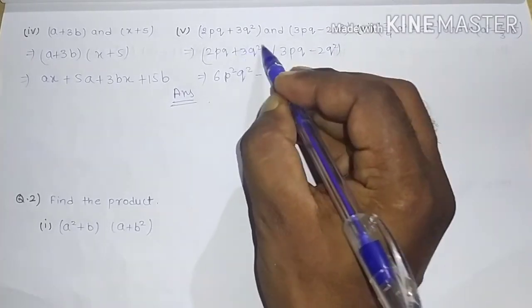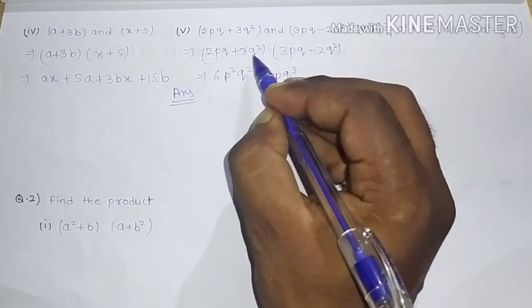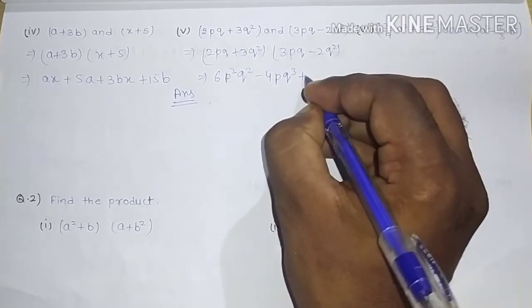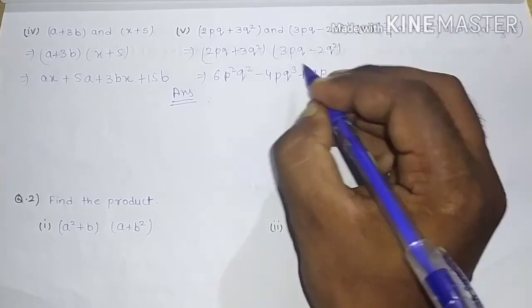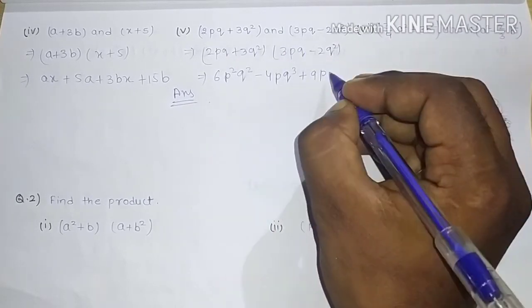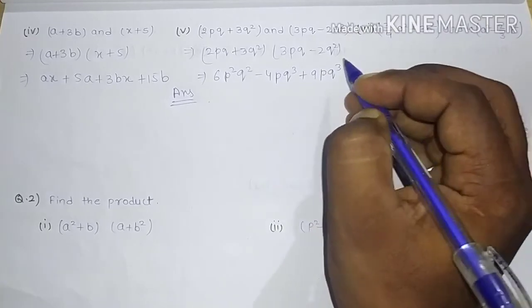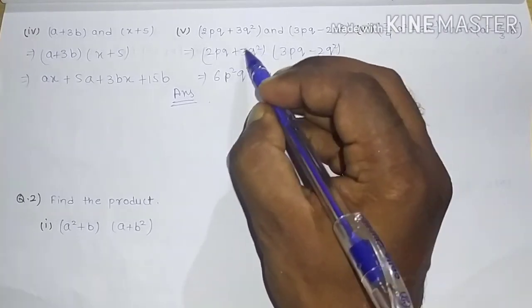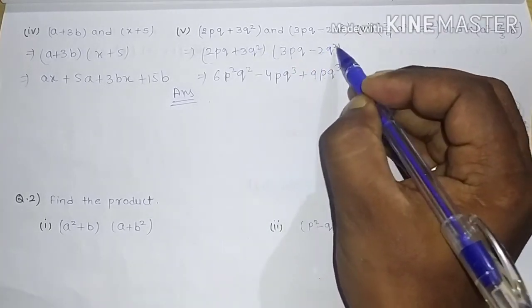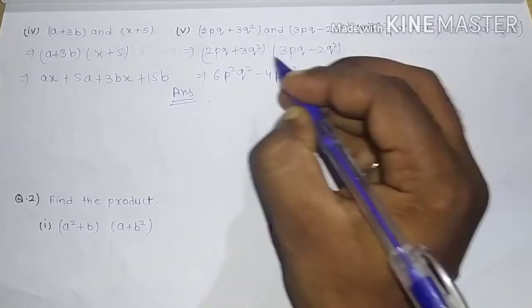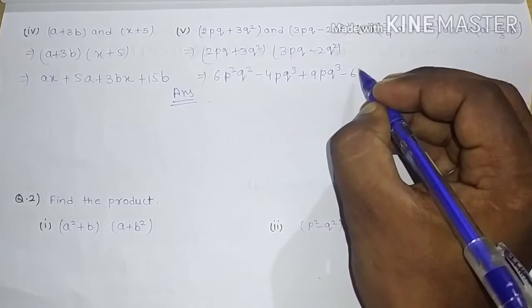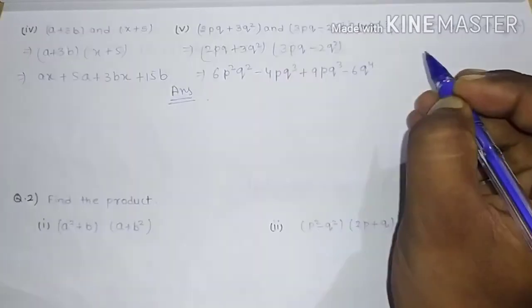Now 3q square is multiplied into 3pq: 3 3s are 9, q square into pq, so p and q square into q is q cube. Now 3q square is multiplied into minus 2q square: 3 2s are 6, so it will be minus 6, q square into q square is q to the power 4.